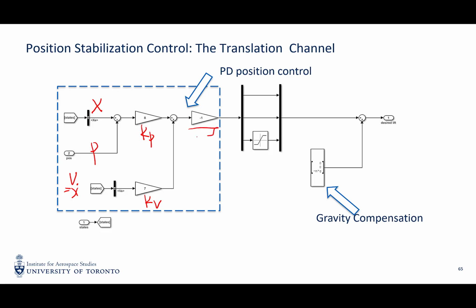And of course, we should have a minus sign because I defined the error as X minus P. So in the translational channel, the desired lift is the result of a linear PD controller.